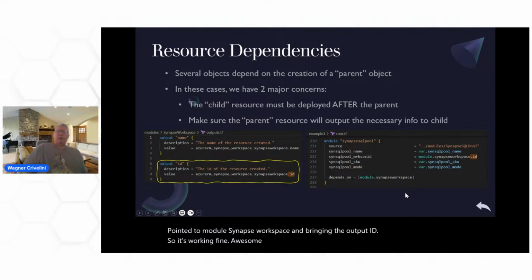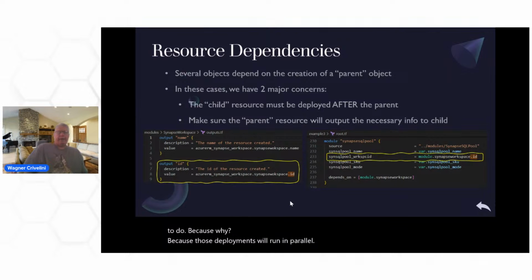But that will not do. This is not the only thing we have to do. Why? Because those deployments will run in parallel. And there's a possibility we start trying to deploy a SQL pool before you finish deploying the workspace.